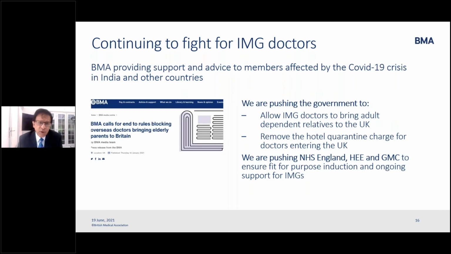We've also been calling to end charges for hotel quarantine for many overseas doctors coming here. For many of them, paying nearly £2,000 is unaffordable, and just seems to be an inequity. Certainly, nurses do not have to pay that charge.